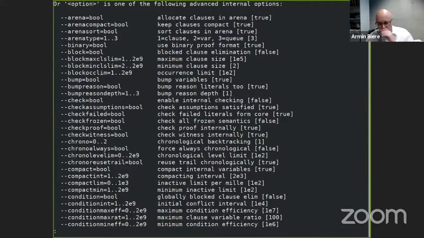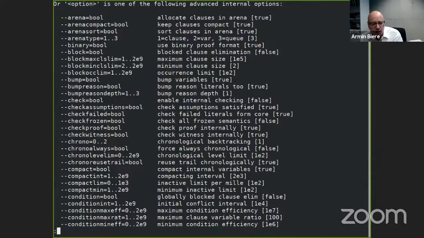Now, the reason why they are not hard-coded constants, but you can change them, is not to optimize the solver for specific applications, but for testing and debugging. It's extremely important if you randomly generate test cases to switch off parts of the code. And that you achieve by randomly sampling these parameter values.